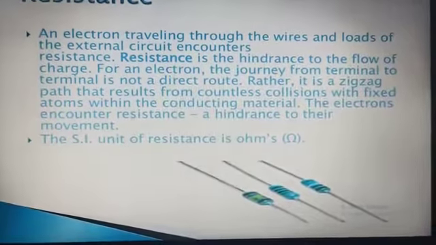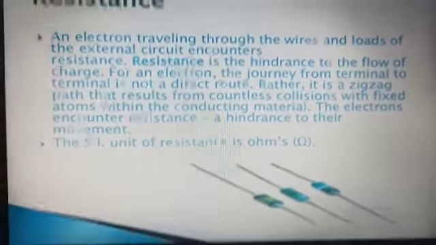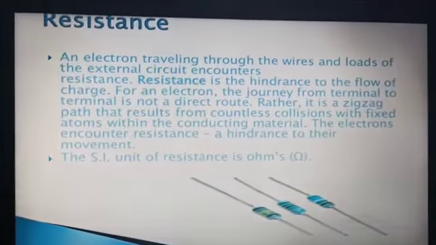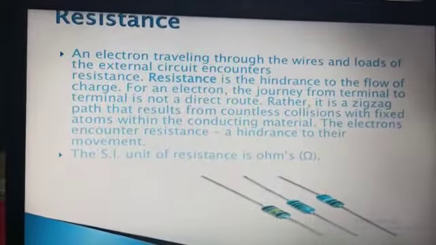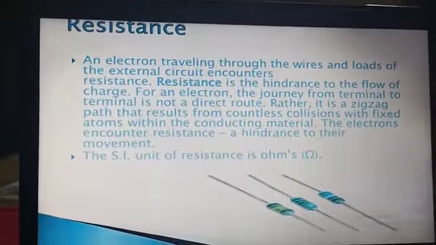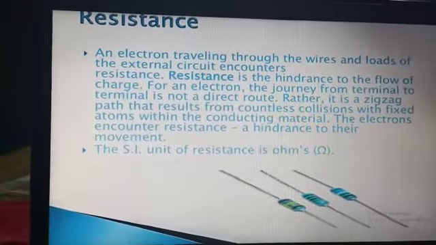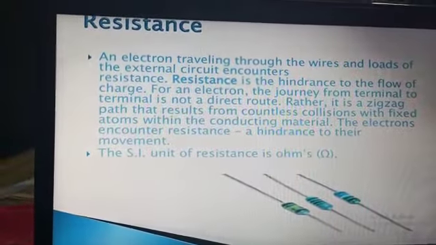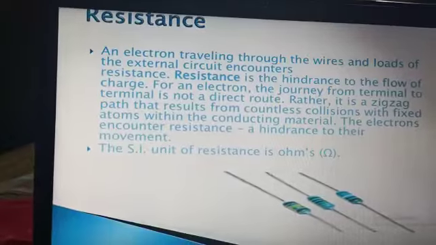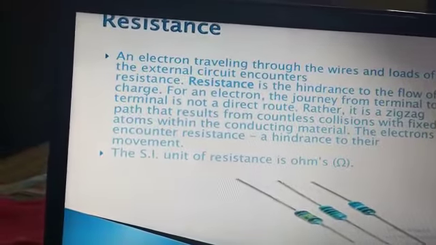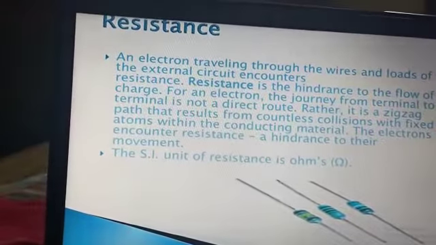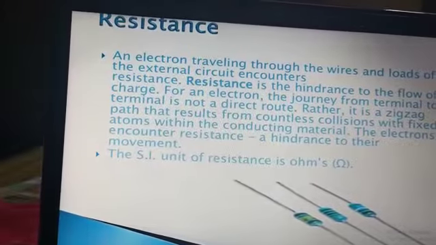The SI unit of resistance is ohms. So what is resistance? It is the blockage to the flow of current. Now why do we need to block current? Tell me that. Think a little. So we need to block current because if we have an overflow of current, the appliance into which the current is flowing may get damaged.